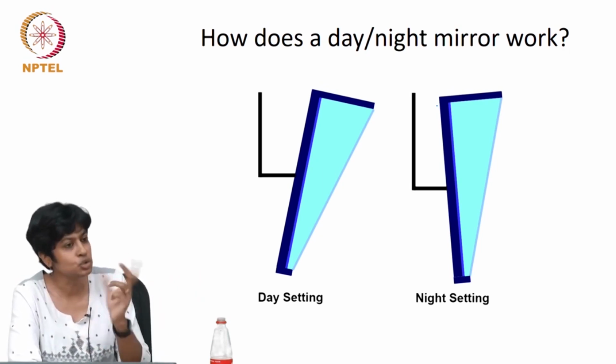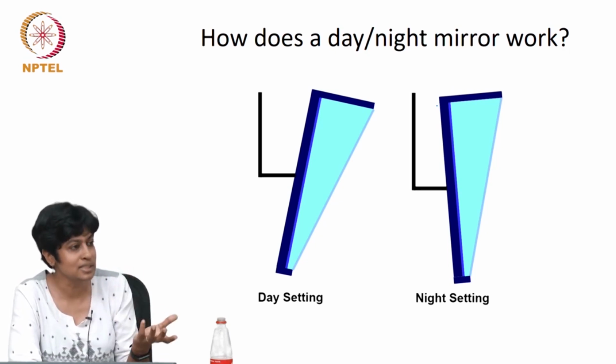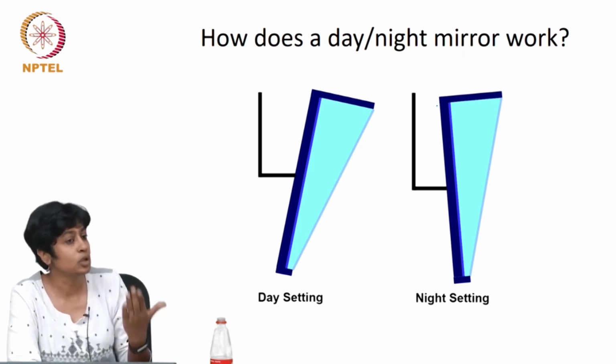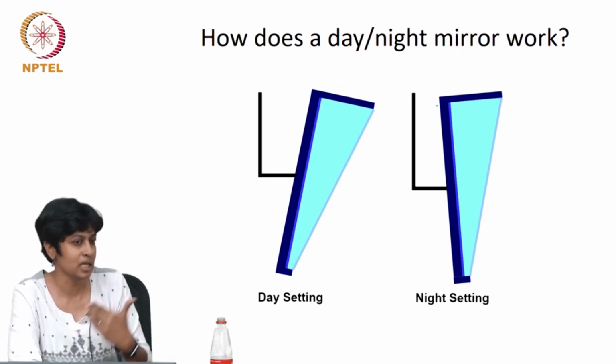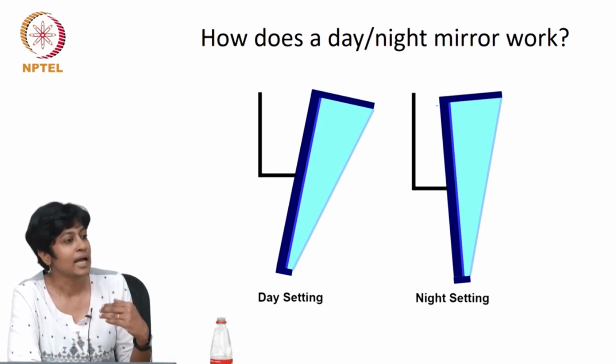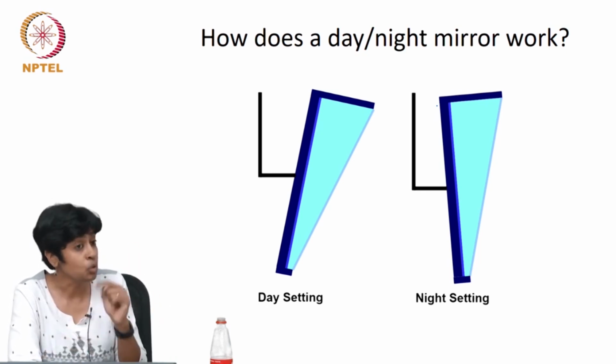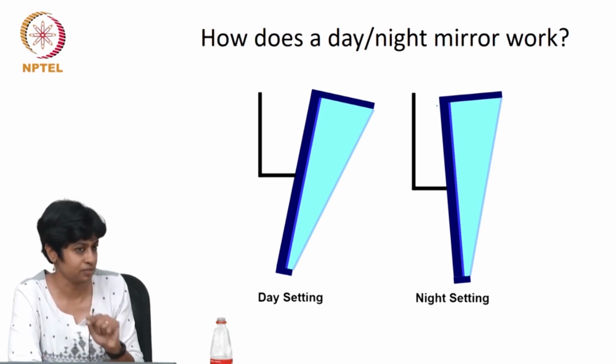So the mirror has two different settings. You use one setting so that it works during the daytime and gives you a good image of the traffic behind. And then you change the setting. You still want to see the traffic behind, but you don't want to see the headlamps of the traffic behind.